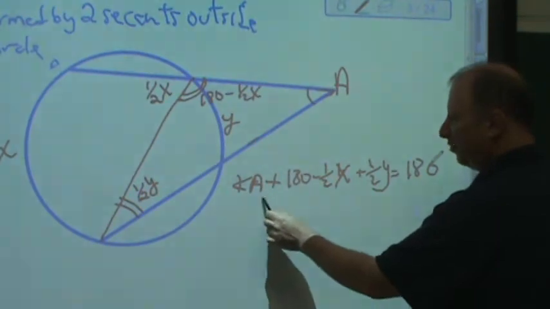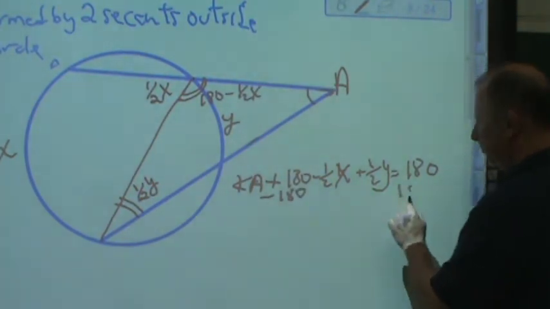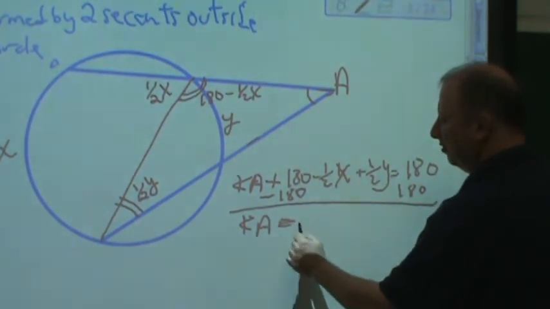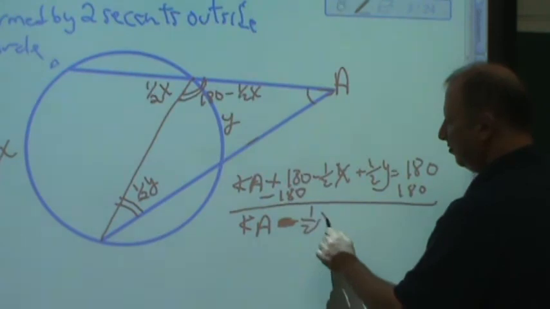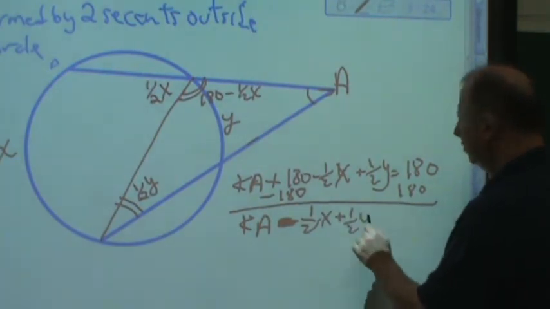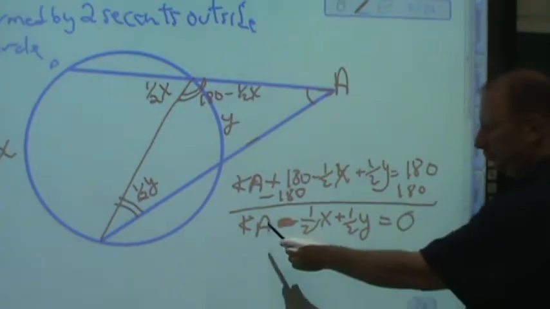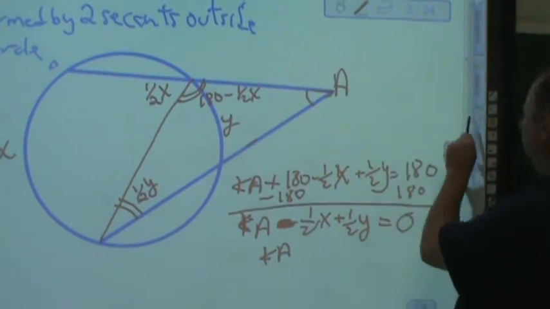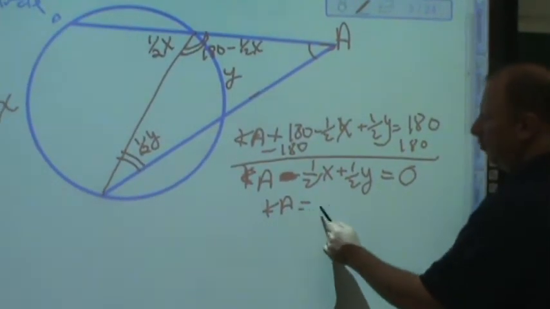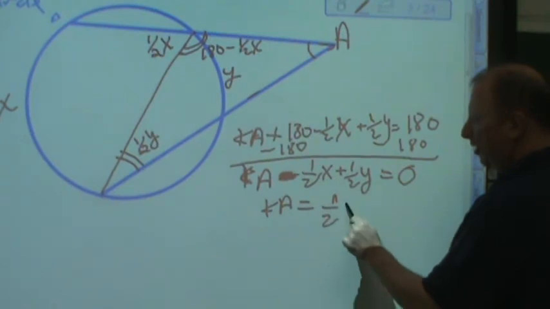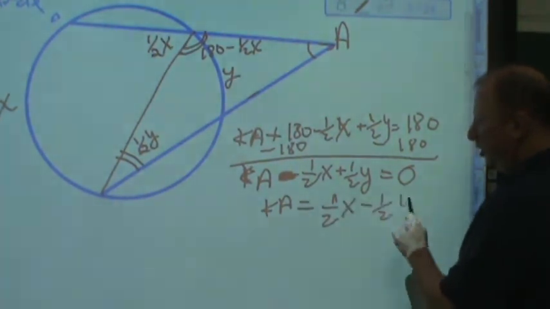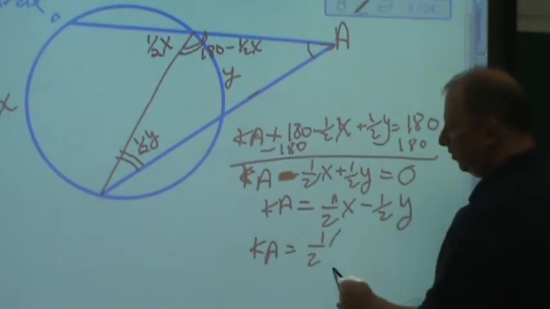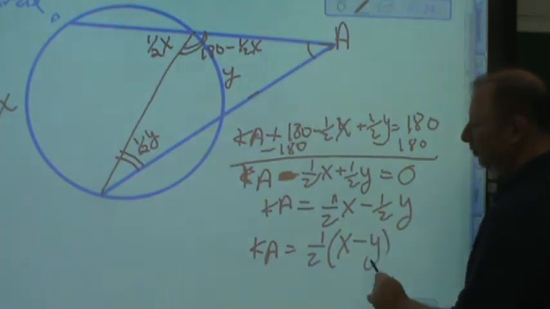Well, if I subtract 180 from both sides, angle A minus 1/2 X plus half Y is equal to 0. Let's move everything to the other side. So angle A is equal to 1/2 X minus 1/2 Y. So angle A is equal to 1/2 (X minus Y).